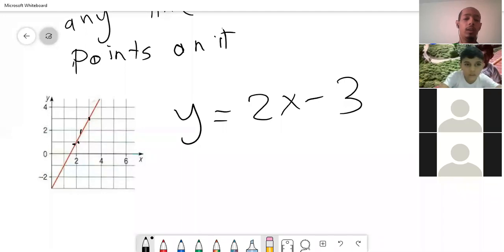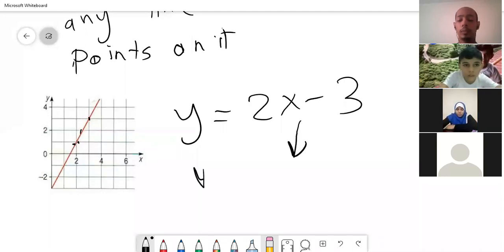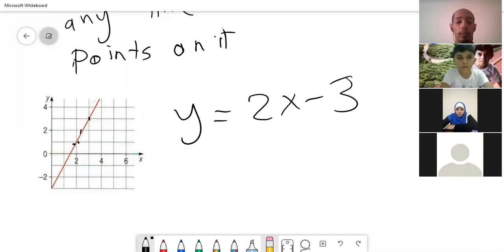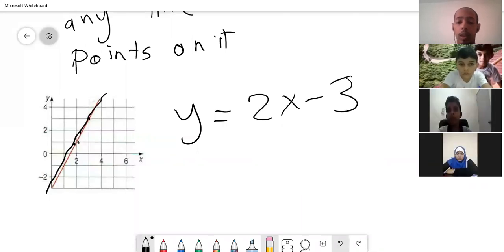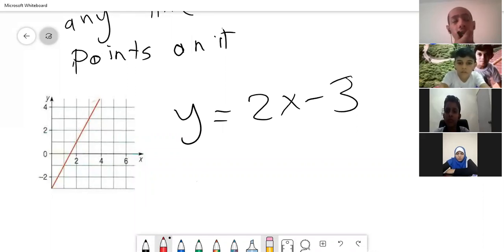So we have x and we have y. For any point on the line, it must satisfy this function, right? In another way, we can represent the points of the line from the function.